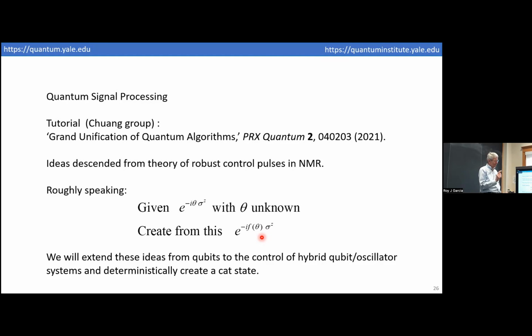I over and under rotate. I don't quite know what theta is. It's close to pi/2, but I can't quite control it. If I do this composite pulse, where I do 3 or 4 pulses, I can make it end up as a function of theta that is very close to exactly pi/2, independent of theta, as long as theta is near pi/2. That's the idea.